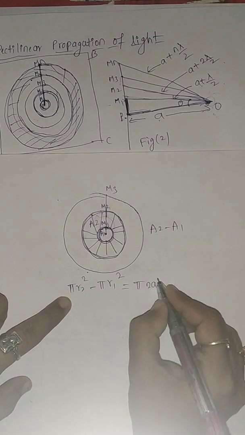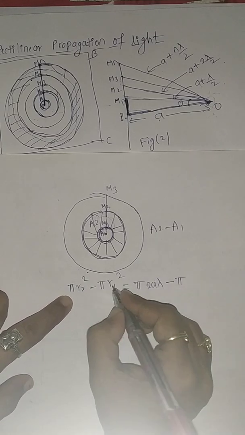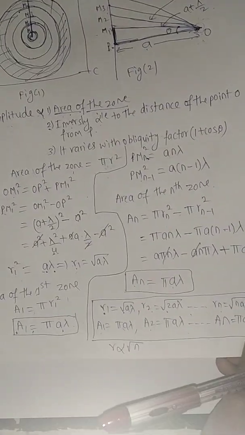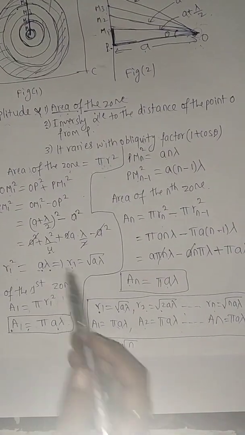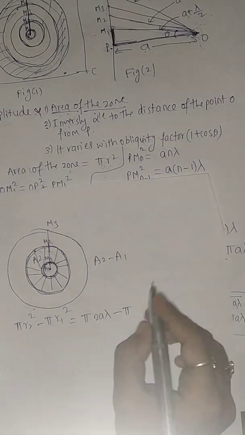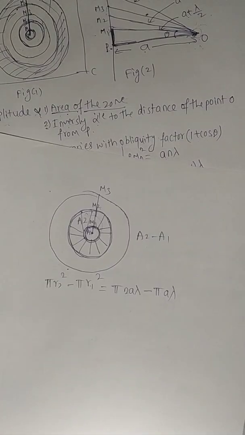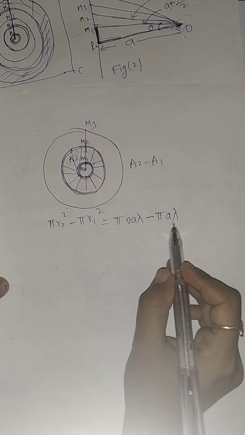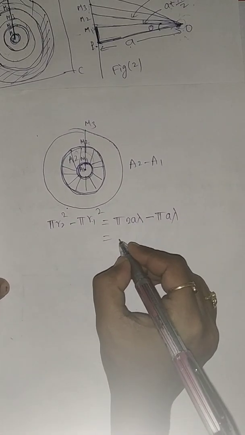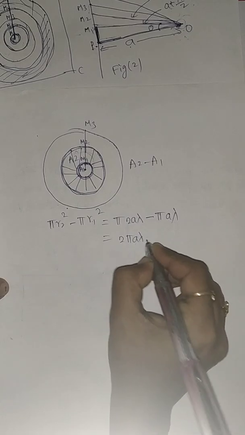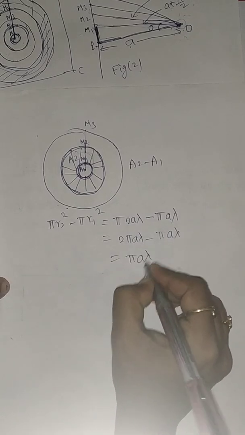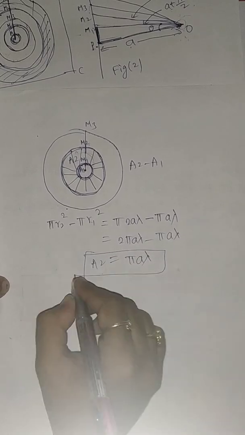Yeah, 2A lambda, minus pi, what is the R1 square value? Just now you calculated, R1 square value is A lambda. So if you substitute, pi 2A lambda minus pi A lambda, which is the value how much you will get? 2 pi A lambda minus pi A lambda, which is nothing but pi A lambda only we will get. This is the area of the second zone.